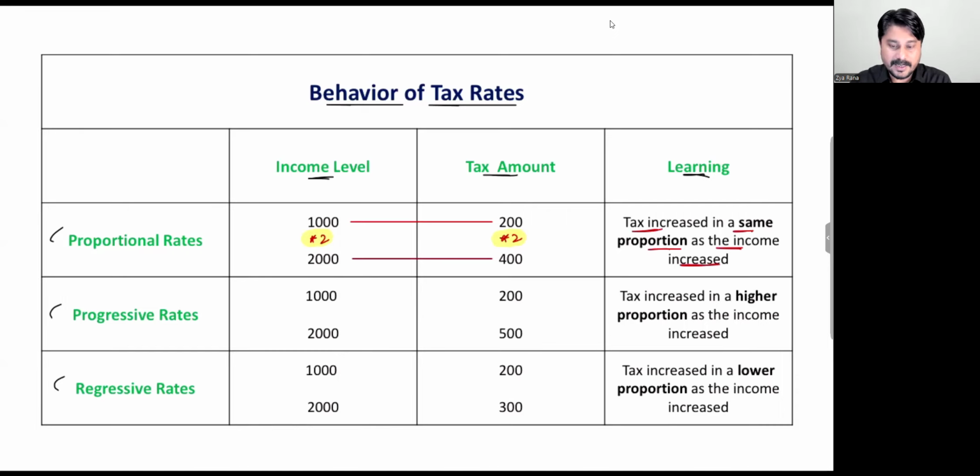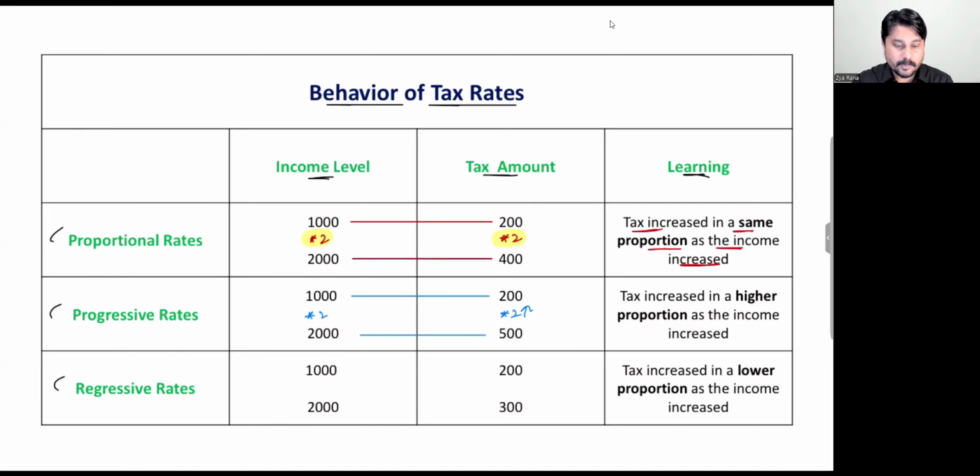But for example, let's say you are getting 1,000, on which tax amount was 200. Your income has increased by the proportion of 2, and your current income is 2,000, but the tax on this 2,000 is computed as 500. You can see that your tax has increased in a higher proportion than the increase in the income, right?